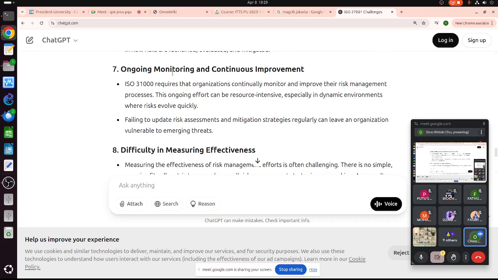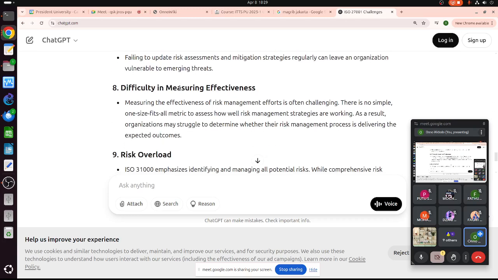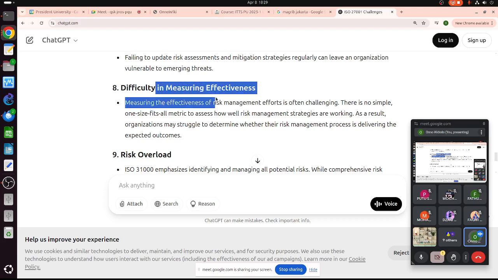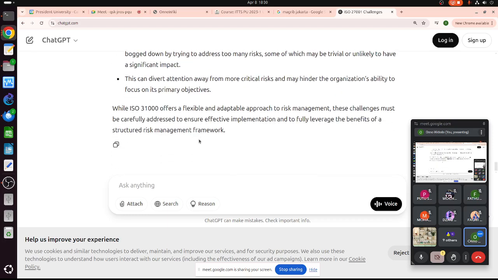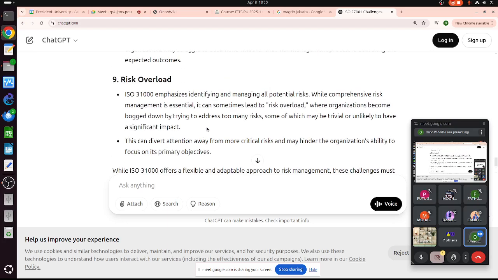We need to monitor continuously, and then it is difficult to measure. Basically, the management thinks this is like a cost center. Okay, and by defining the risk, sometimes they see this as risk overload. Okay, so that's basically the big ideas of these two.